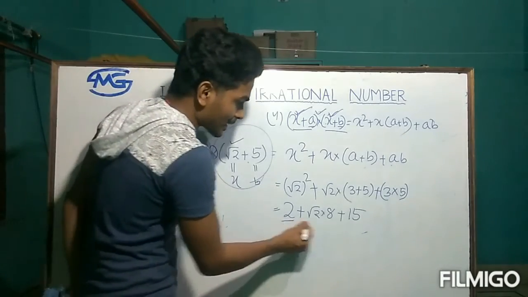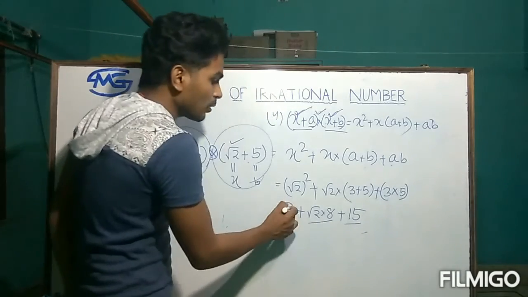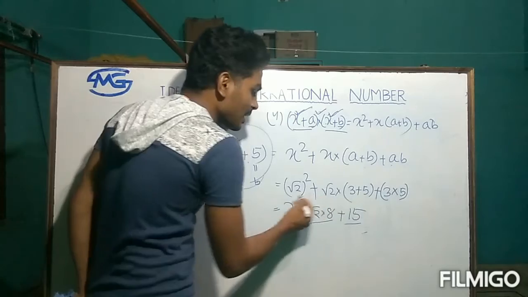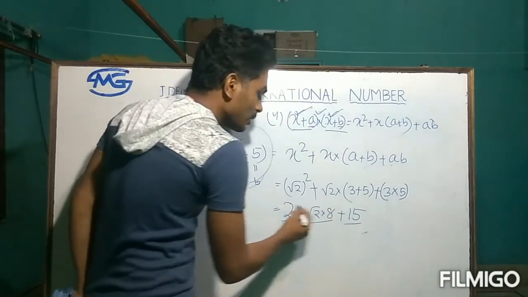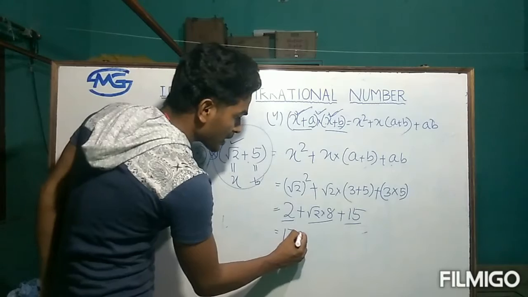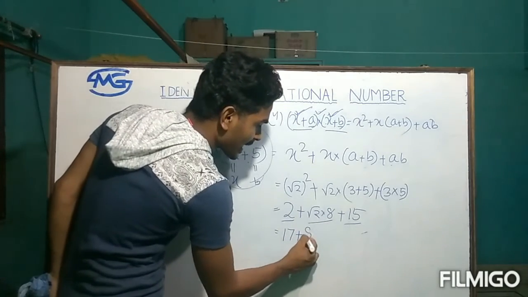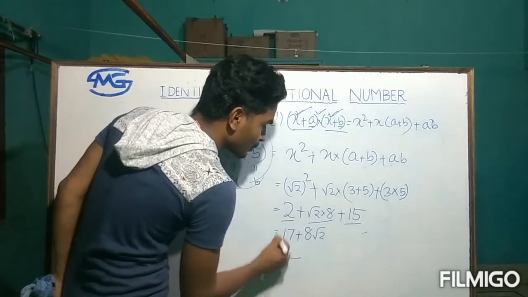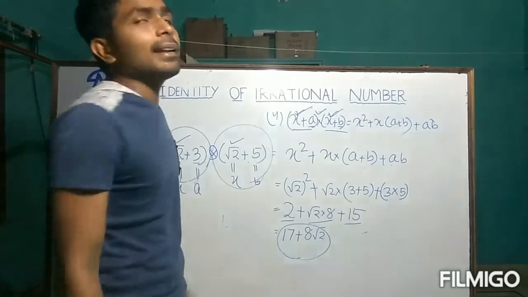It has 3 terms, out of which these two terms are rational, so they can be added. 2 plus 15 is how much? 17, plus it will be written as 8 root 2. This is the final result.